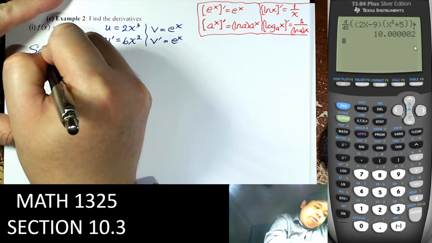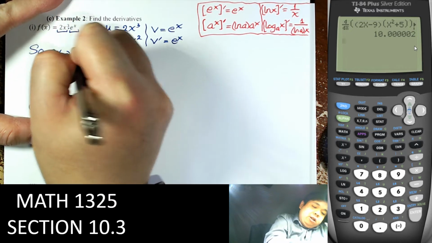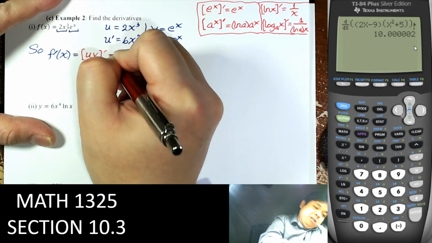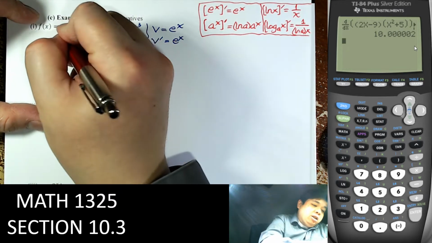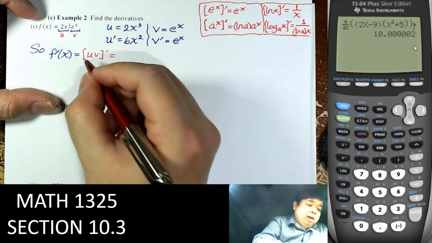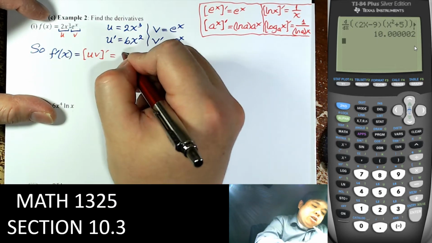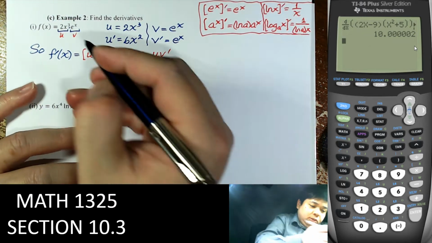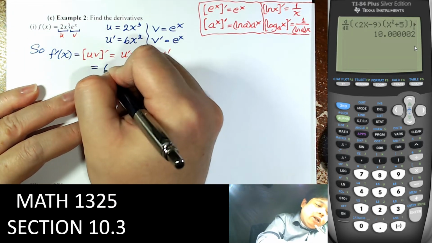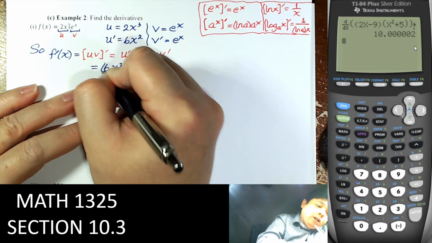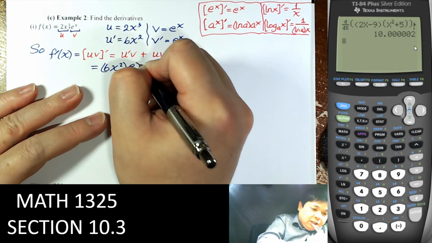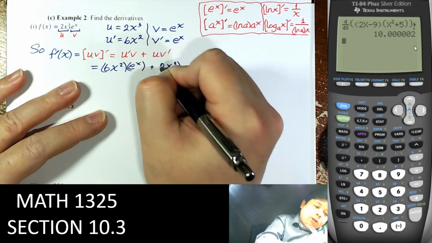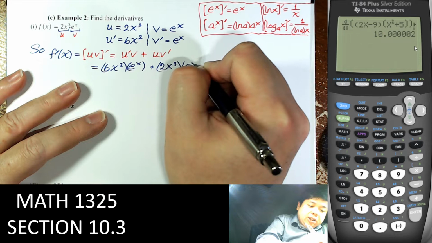Now we check the derivative. I'm just going to write out the product rule, because the function now is the product of u and v, and now we take the derivative of the product, which is the product rule. u prime, 6x squared, times v, e to the x, plus u, 2x cubed, times v prime, e to the x.